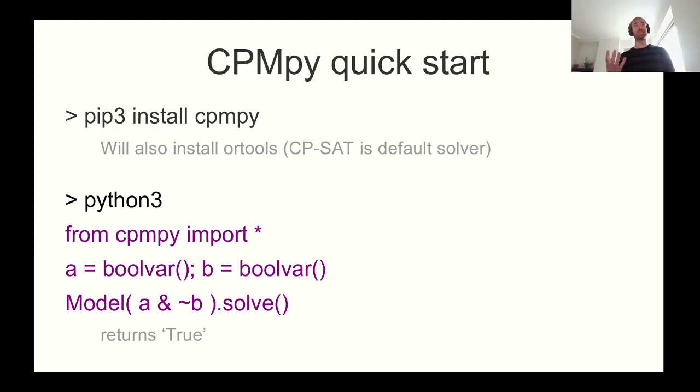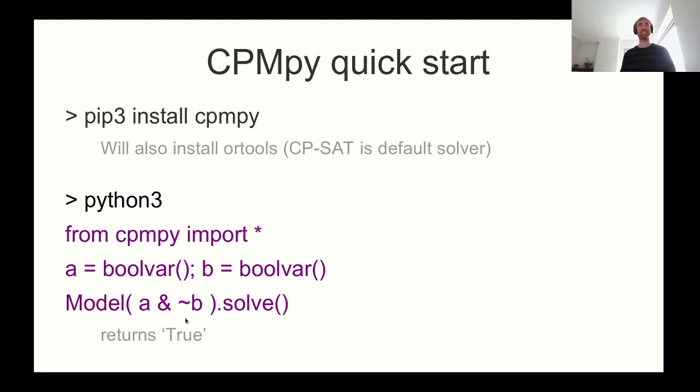When you install CPMpy, it will automatically also install OR-Tools and its highly efficient, award-winning CP-SAT solver. So just one line and you're ready to go. Then you can open some Python script and write from cpmpy import star, create some variables, make a model, and solve it.